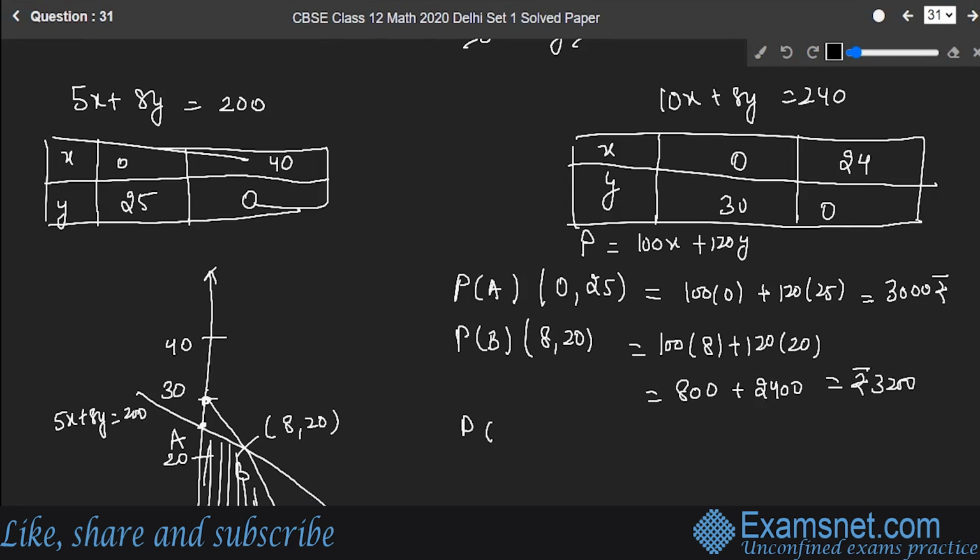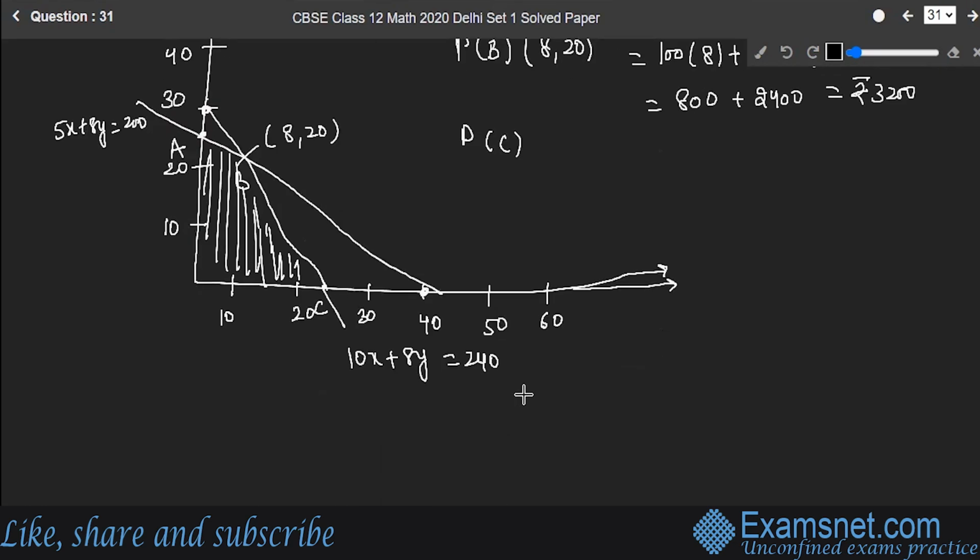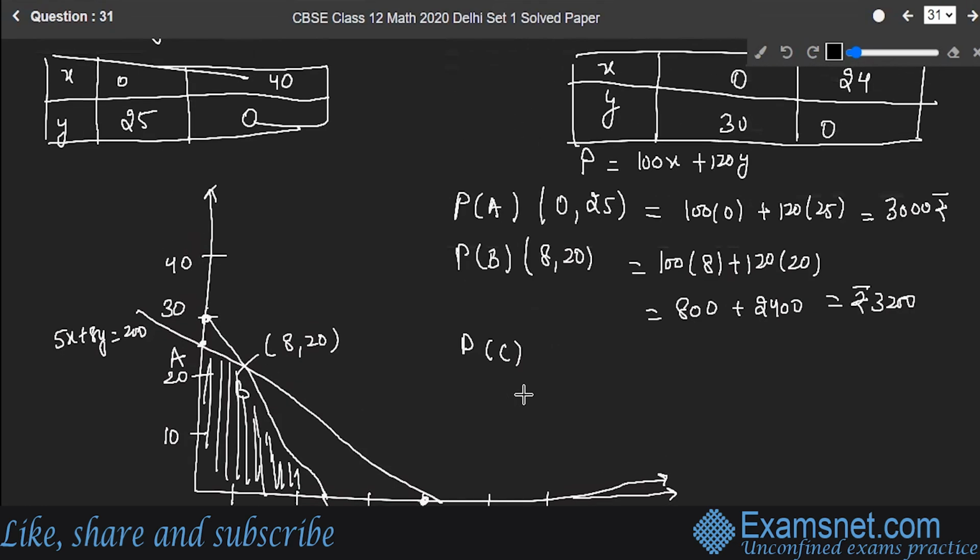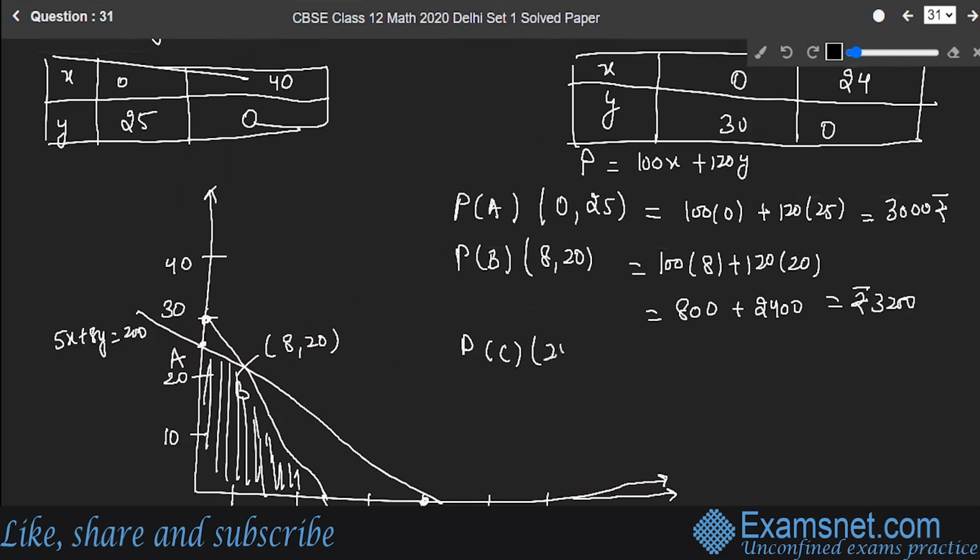Now for C, the point C is sorry, 24 comma 0. So 100 into 24, 120 into 0, which is equal to 2400 rupees. So the maximum profit is at B. Obviously, we wanted the maximum profit.